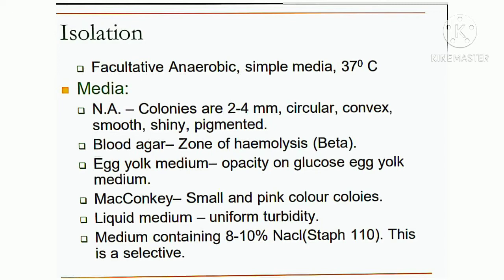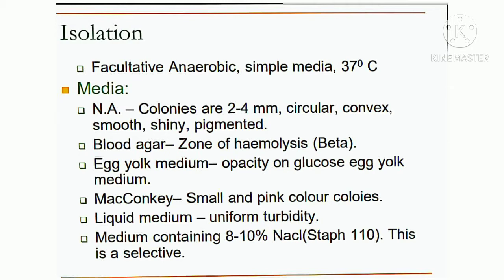On the nutrient agar, they form colonies which are 2 to 4 mm, circular, convex, smooth, shiny, and pigmented. On the blood agar, they show beta hemolysis, on the glucose egg yolk medium, opacity, and on the MacConkey agar, they form small pink colonies.